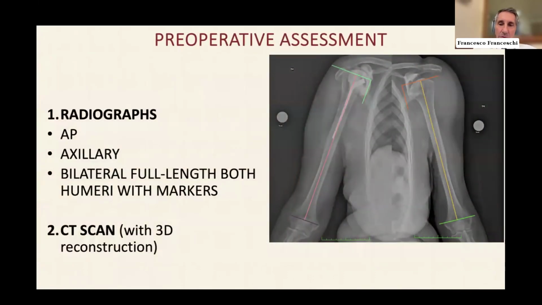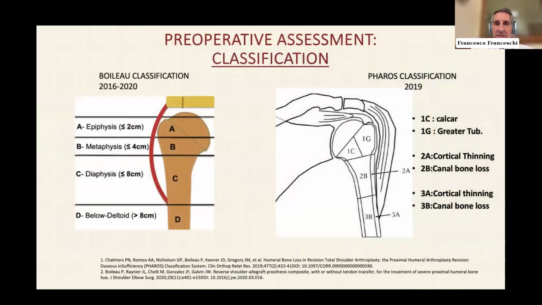So we thought about how to manage this kind of problem, and above all, we had to start from the classification. But before the classification, we have to perform good scaled radiographs of bilateral humeri, as you can see here in this slide, and a CT scan with 3D CT reconstruction. Now the most famous classifications. The first one was made by Pascal Boileau, as usual, who divided the humerus in 4 segments.